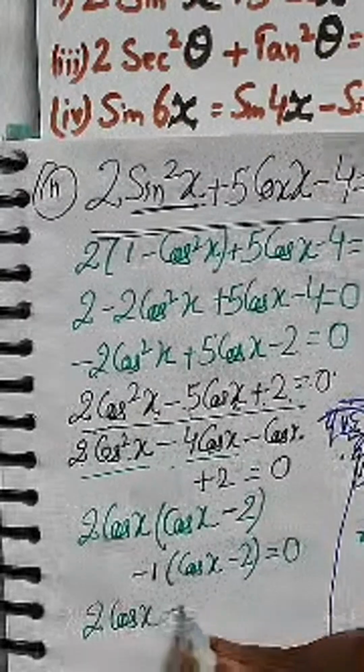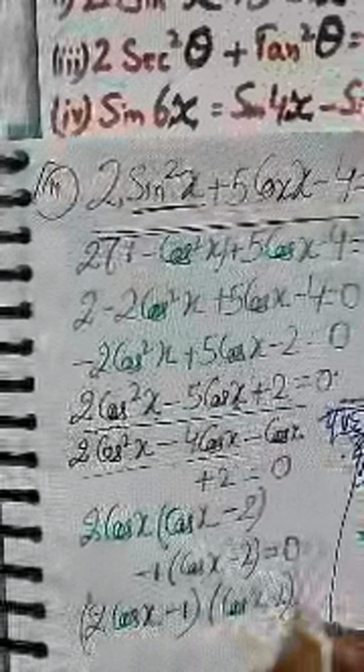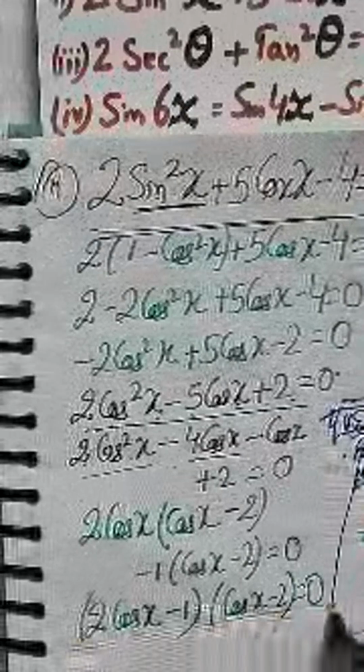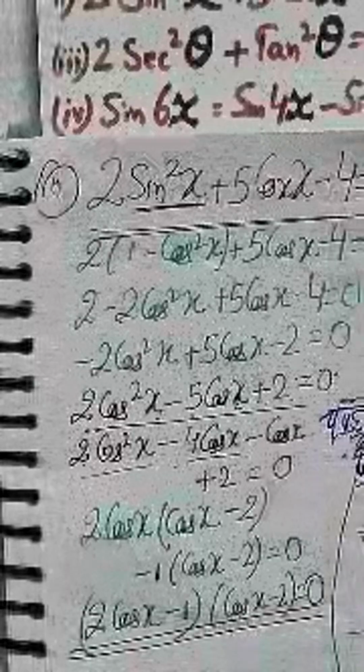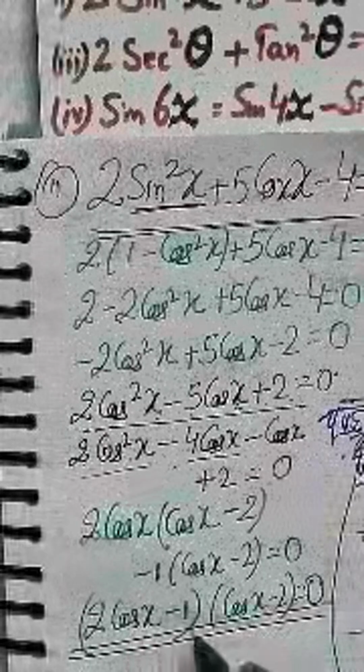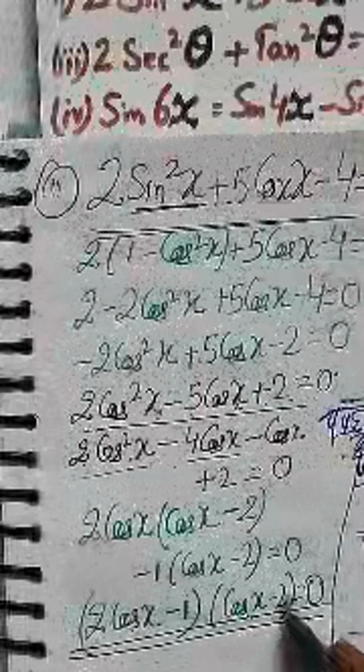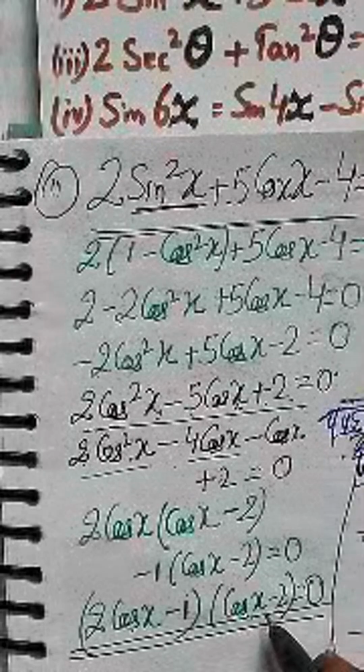So this will give you the equation 2 cos x minus 1 and cos x minus 2 equal to 0. This equation will give you the value of cos x as 1 by 2, and from here the value of cos x as 2. So two values are coming from here.